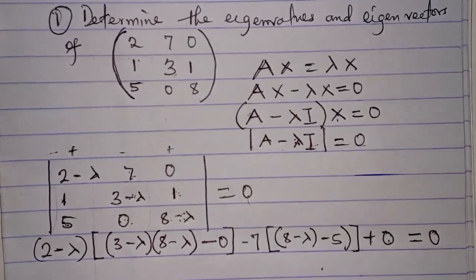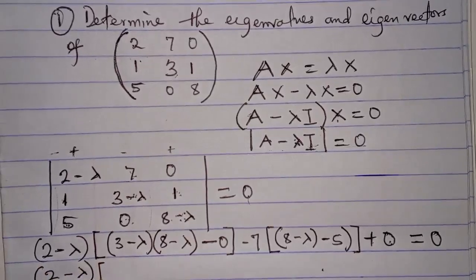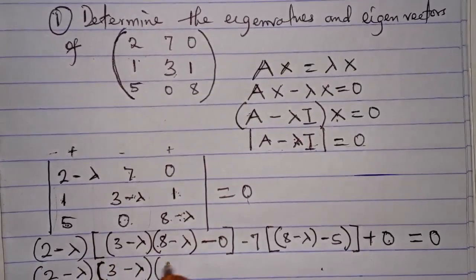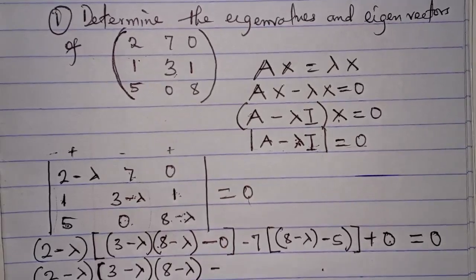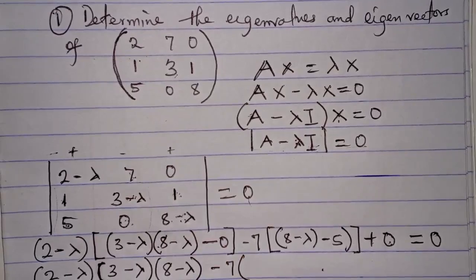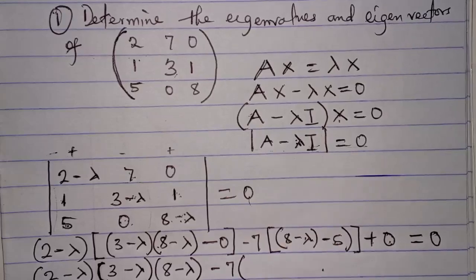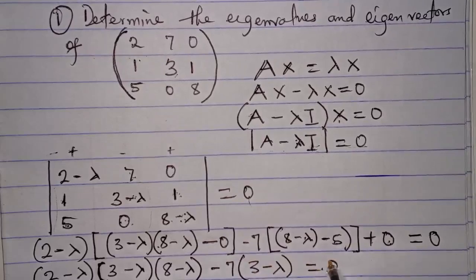So we now evaluate this. This is (2 minus lambda) in brackets, okay, (3 minus lambda)(8 minus lambda). Since this is 0, then we have minus 7 in brackets. This is 8 minus lambda minus 5. 8 minus 5 is 3, then minus lambda, equal to 0.